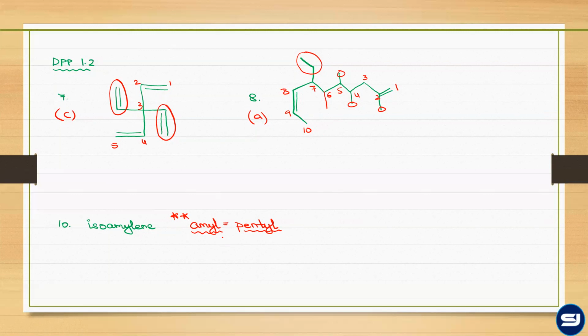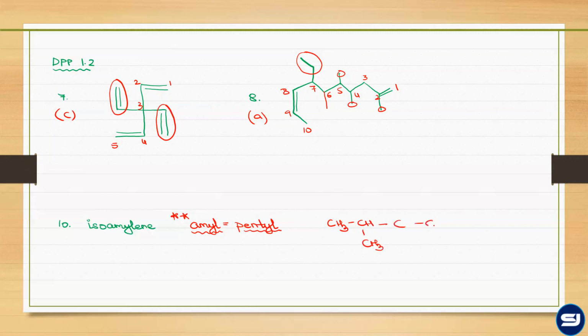Now to draw isopentylene, what is the first thing to start with? कोई भी iso structure draw करने के लिए, what is the first thing to be drawn? Isopropyl. And isopropyl में how many carbons gone? 3.